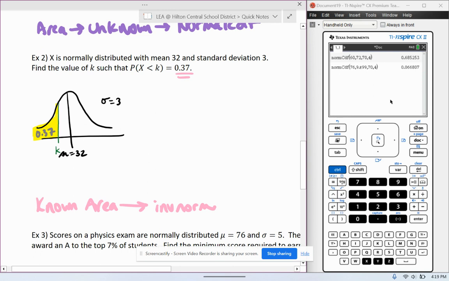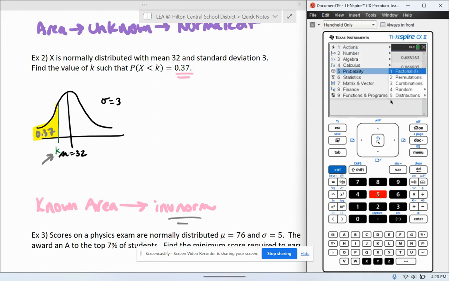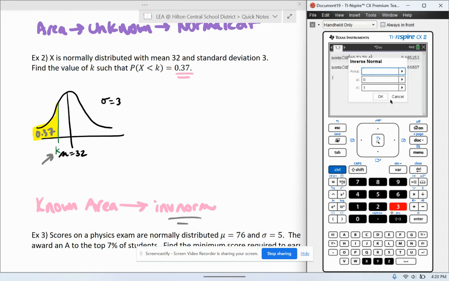We use the normal CDF function on our calculator when we're trying to find the area or probability, or when the area is unknown. But when we're given the probability or percentage of values for a normally distributed random variable, we can find the particular value, or k, that gives that probability using the inverse of the normal distribution. That's the inverse norm thing I was just talking about. On your calculator, we do menu 5, 5, 3.